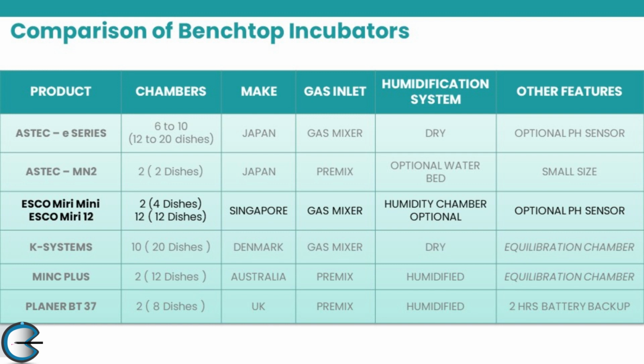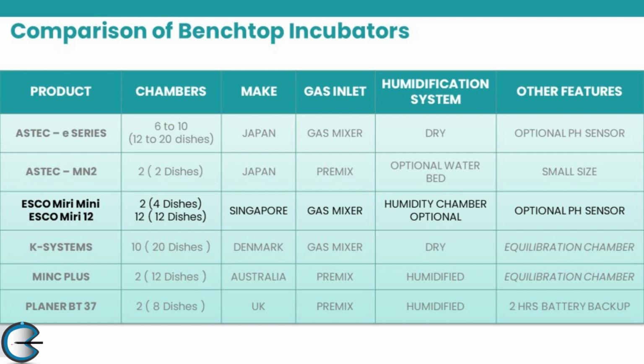These Astec series, the 6 chamber has ability to culture 2 dishes. So the number of dishes you can culture is 12 or 20 depending on the size that you choose. The gas source is a gas mixer. It is a dry kind of an incubator with an optional pH meter. The mini in Astec has 2 chambers with ability to culture 2 dishes.